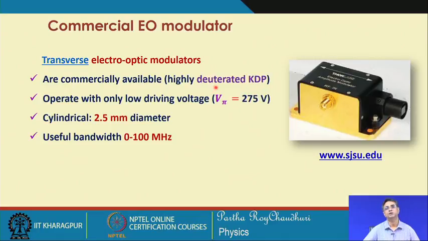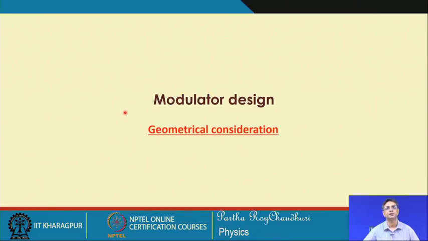We started with some kilovolts of switching voltage, but this time it is only a few hundred volts. The design is cylindrical of this diameter, and the useful bandwidth is this. These are commercially available in the market and used in signal processing, in the laboratory, and in light wave communication modulation systems.